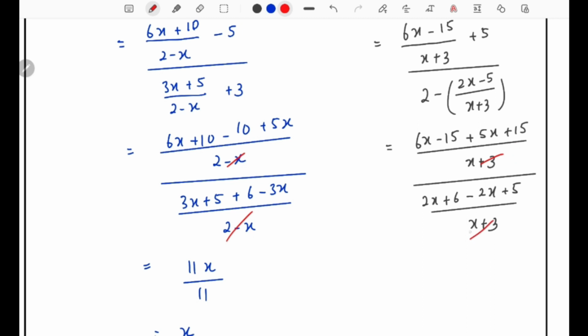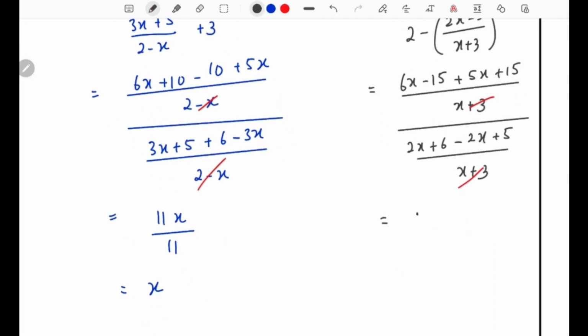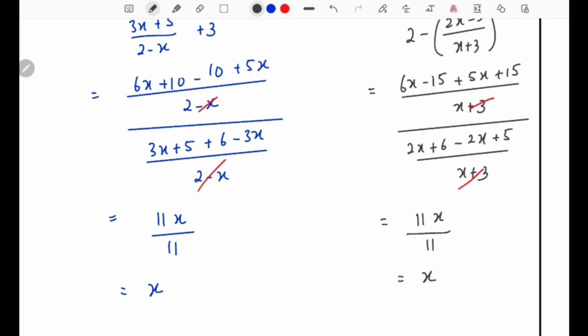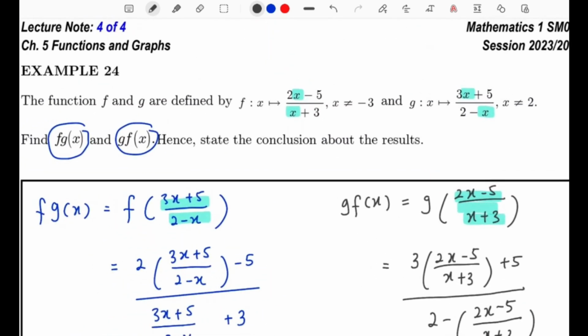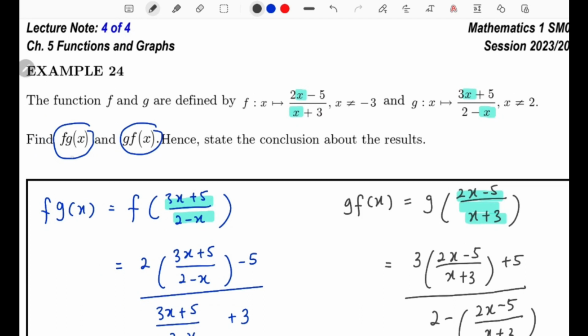Then these two can be cancelled out. So we have 11x over 11, which is x. So we already find the values for fg(x) and gf(x).